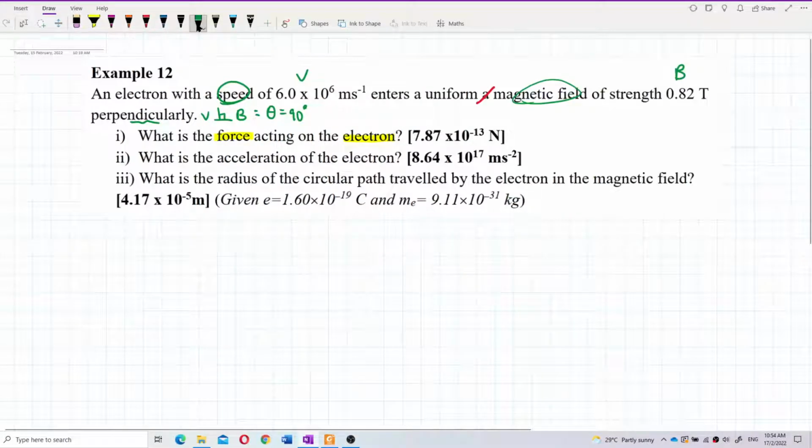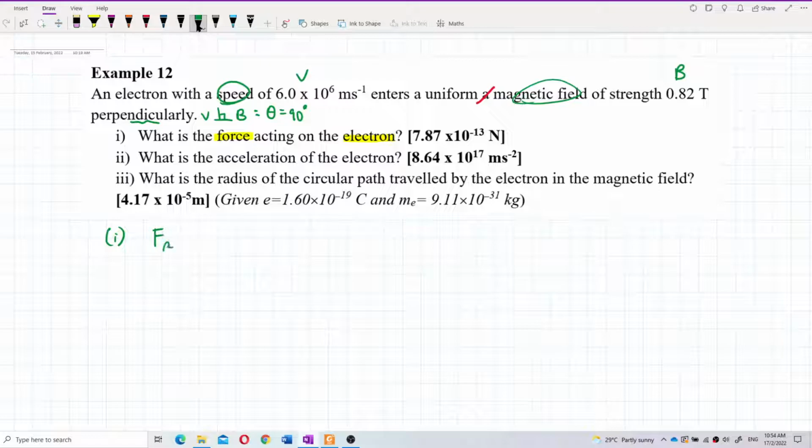Maybe we write down the formula here first. We're focusing on magnetic force, which is QV cross B, or BQV sin theta.